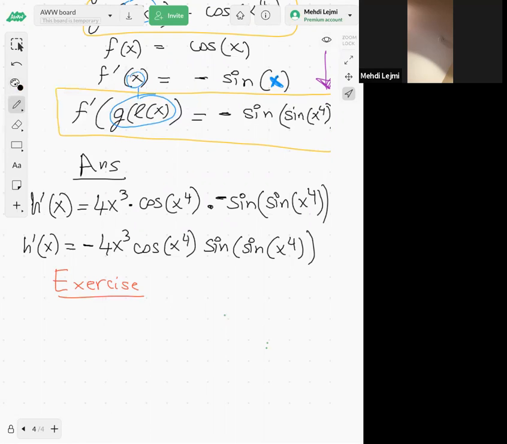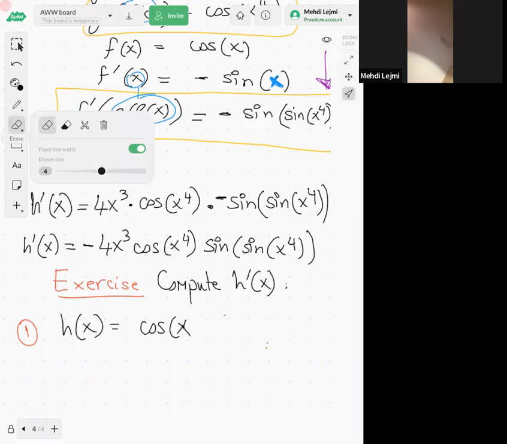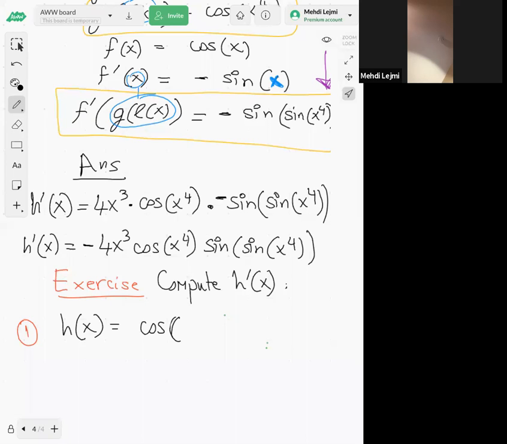The exercise is, of course, to compute h prime of x. So we have h of x equal to cosine of sine square of x, or let's say sine square of 2x.